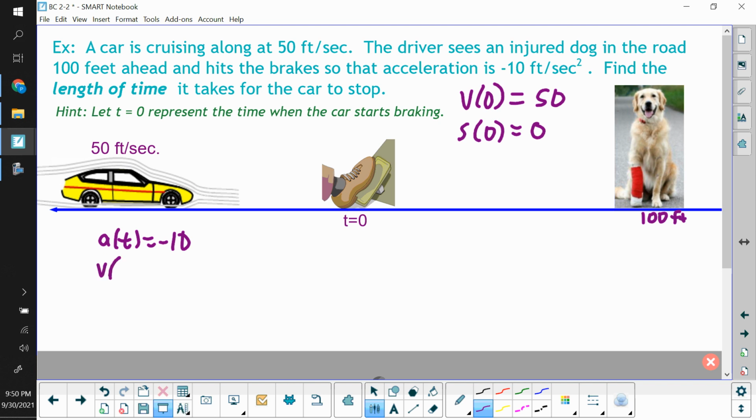So we can do the antiderivative to find our velocity, which would be negative 10t plus c. We'll fill in our point for the velocity, 0, 50. So 50 is going to be negative 10 times 0 plus c, or in other words, c is 50. So that means our final velocity equation is negative 10t plus 50.